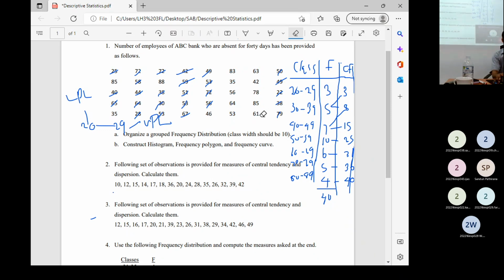Right. Then you want to identify the next one, real limits, otherwise theoretical limits. Real limits, or theoretical limits.